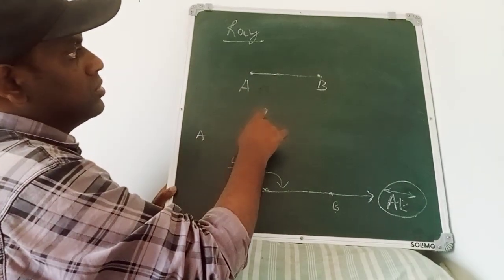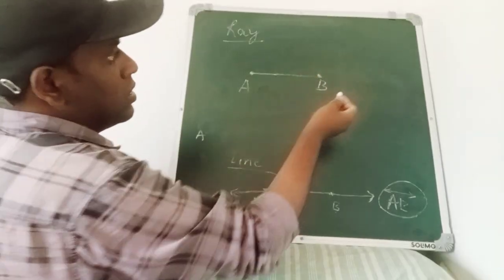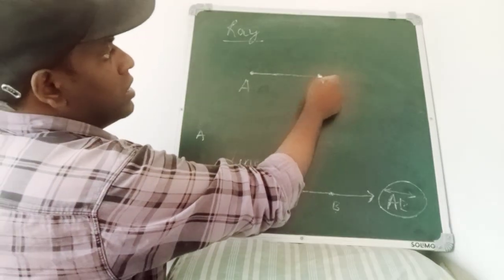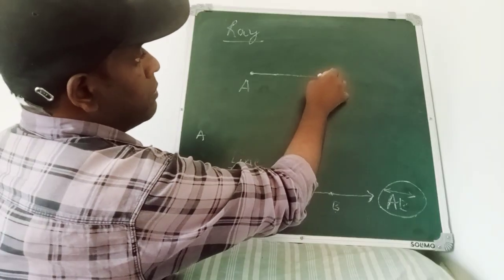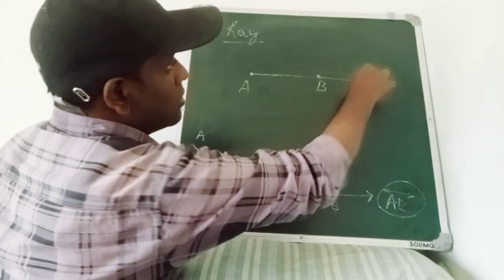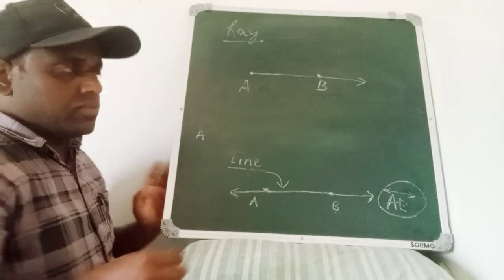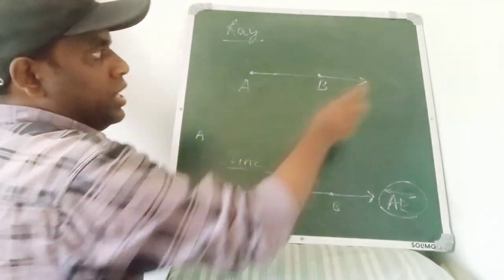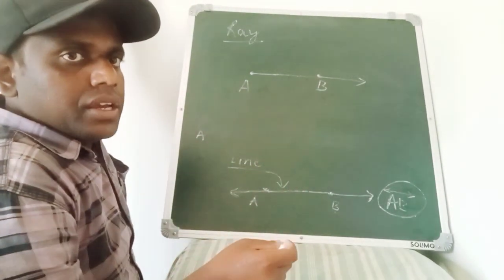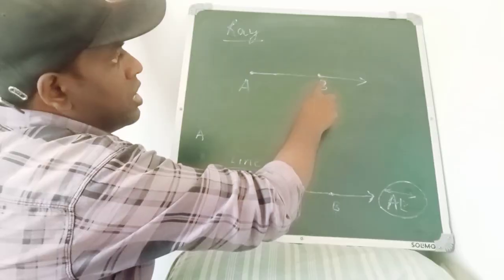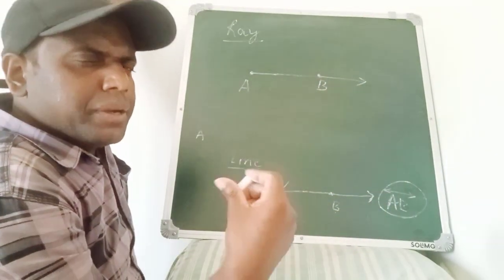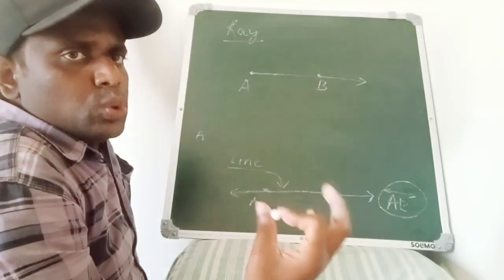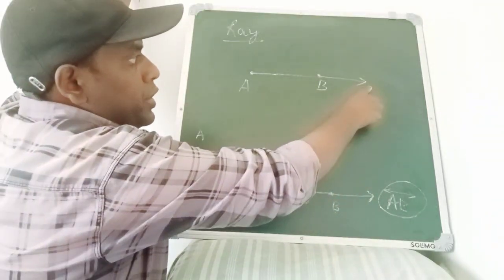Now if this straight path extends after point B like this, I'll put an arrow mark. This arrow mark shows it is extending after point B till infinity, indefinitely, and we don't know where it is going to stop.